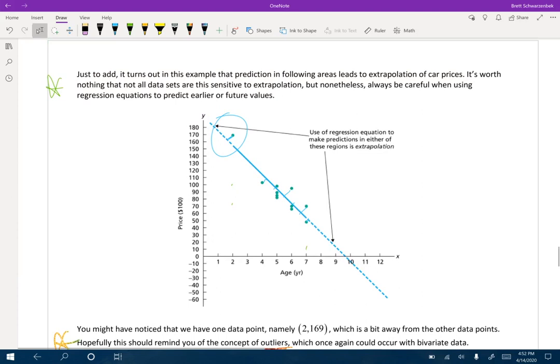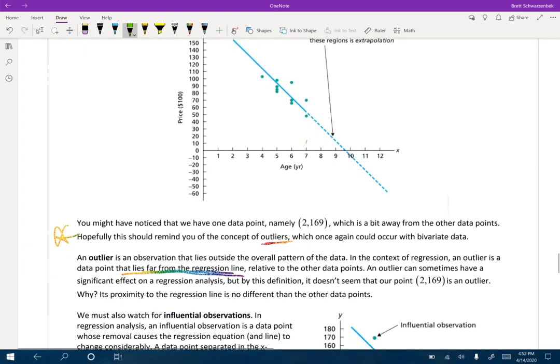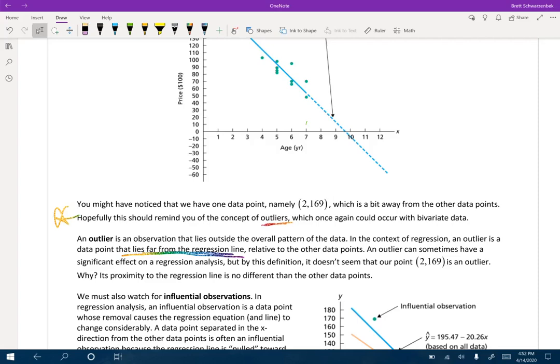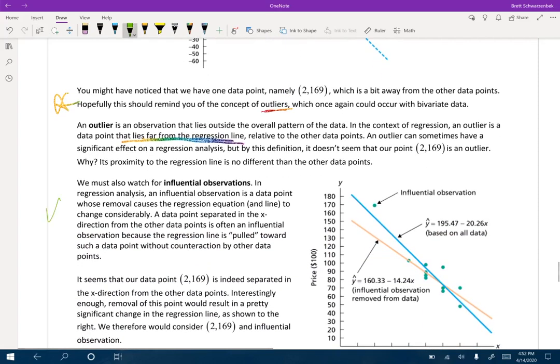So yes, that is a little confusing for students in the beginning, but remember, outliers in regression are going to be defined a different way. They are not a point away from the other points, but a point away from the line. Okay, continuing on. It says we must also watch for something called influential observations.